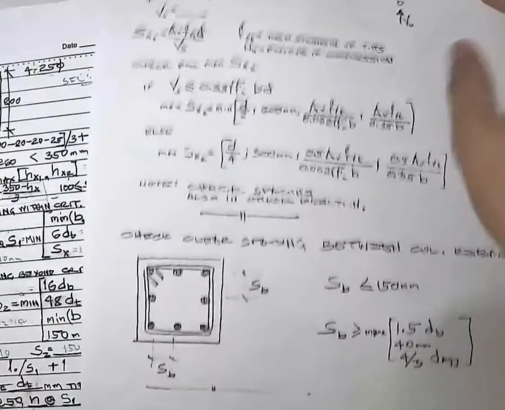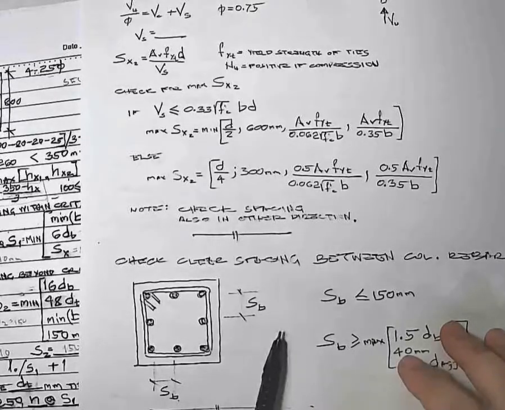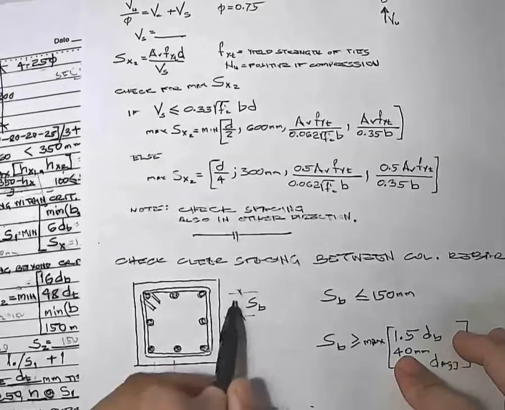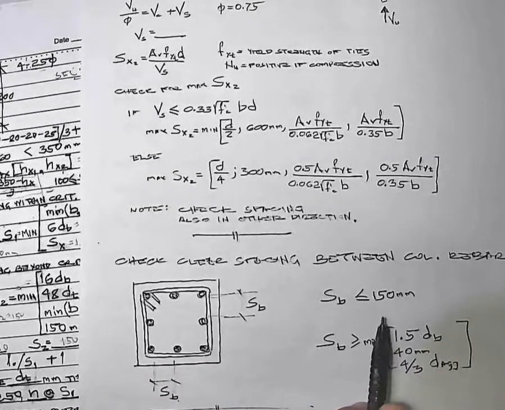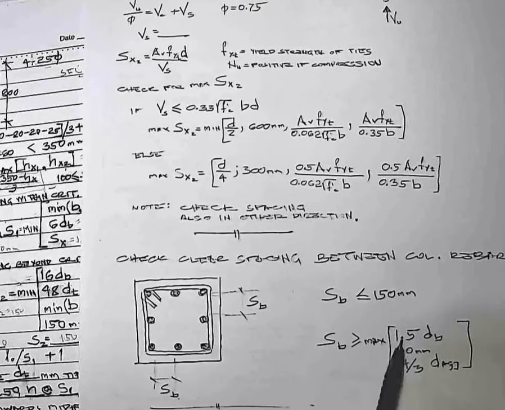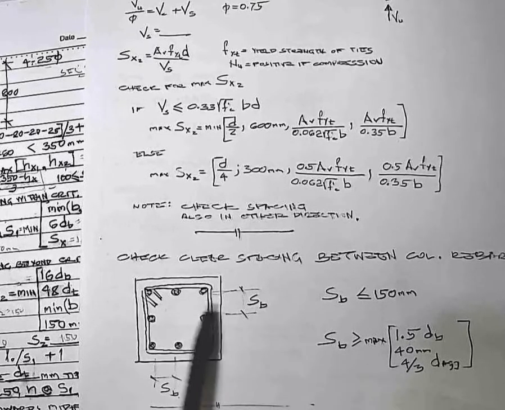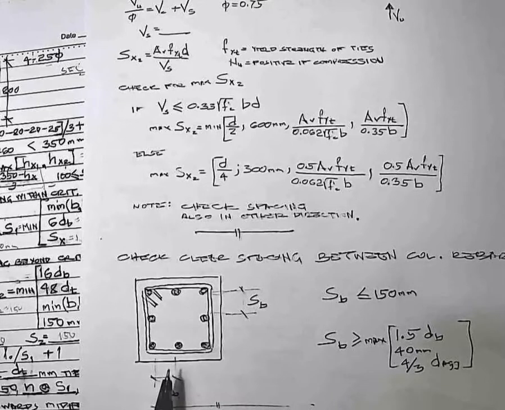Okay, so, dito siya. Check clear spacing between column rebars. Your S sub B should not exceed 150 mm. And likewise, S sub B should be greater than the maximum among these 3 conditions. Ang ibig sabihin yan, para siguradong makapasok yung mga bato tsaka yung beam rebars.